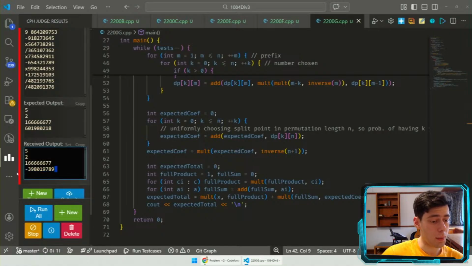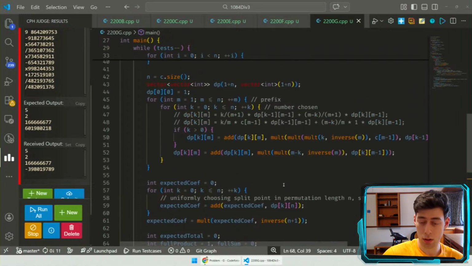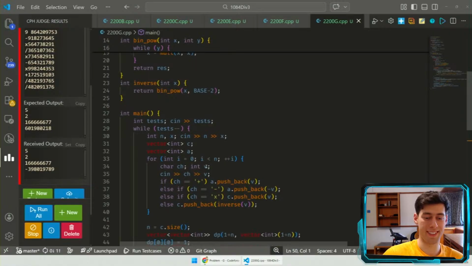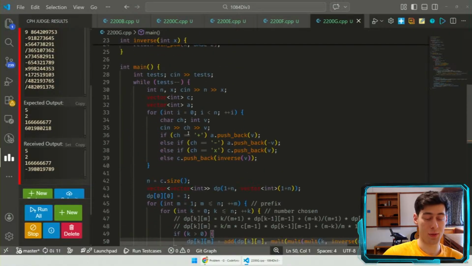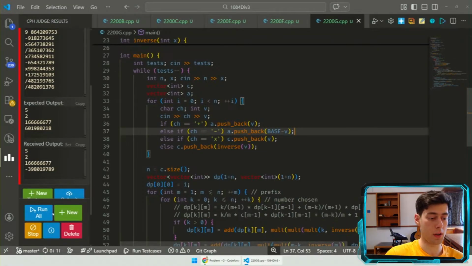Whoa, big negative number. Why? This is never negative. Is anything here ever negative? Oh, the values can be negative. This minus v. Base minus v.